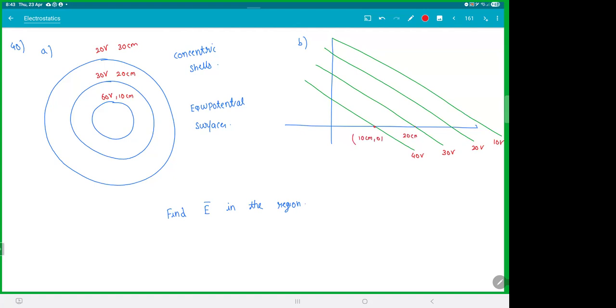This distance is 20 centimeter, comma 0. This is 30 centimeter, comma 0, and so on. And this angle is 30 degrees each. So these are equipotential planes. Looking at these surfaces, you have to tell me what is the magnitude of the field and the direction of the field.